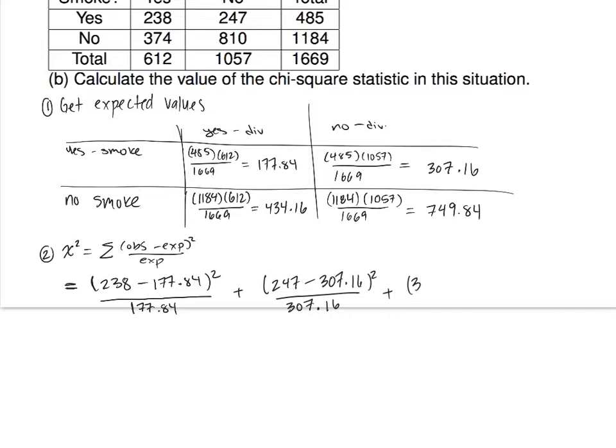Next we have 374 minus 434.16 squared over 434.16. And lastly, what do we have? 810 minus 749.84 squared.